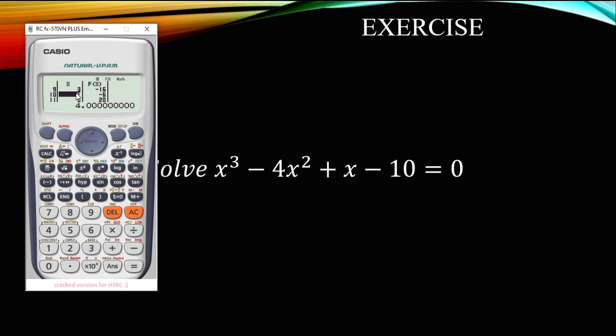So x naught is equal to 4, because at x is equal to 4 the function has a negative value which is near to 0, and at x is equal to 5 the function has a positive value, but it is far from 0, since minus 6 is very near as compared to 20 to 0. So here also in this equation x naught is equal to 4, and try to solve this equation.